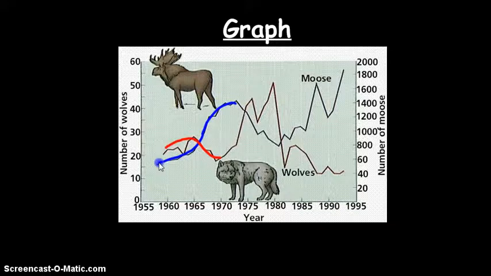And then as there's more moose, there can be more food. And when there's more food, there's going to be more predators, in this case the wolves. And you can see how this relationship is just off each other. So as one rises, the other falls, and as the other falls, the other one rises.